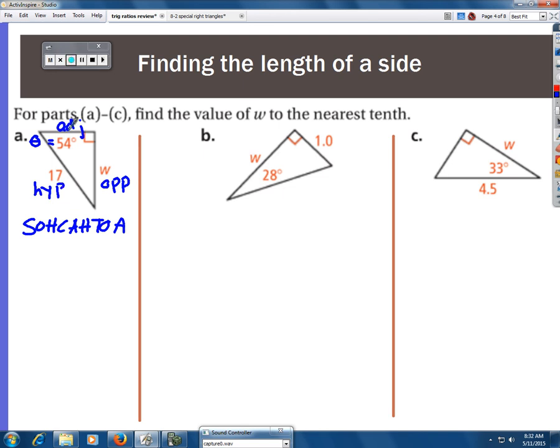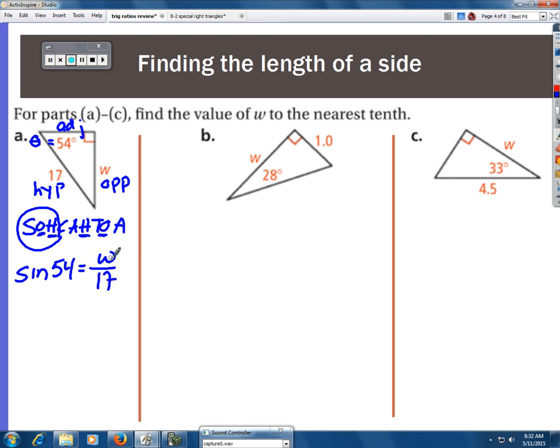There's nothing on the adjacent side, but there is something, a W, on the opposite side. So I'm going to underline the O's here. And then hypotenuse has a 17 on it. Whichever of the three ratios you have both of the side lengths for is the one you want to use. So in this case, I want to use sine because I have both opposite and hypotenuse. So I want to use sine of 54 equals W, because that's opposite, over hypotenuse, which is 17.